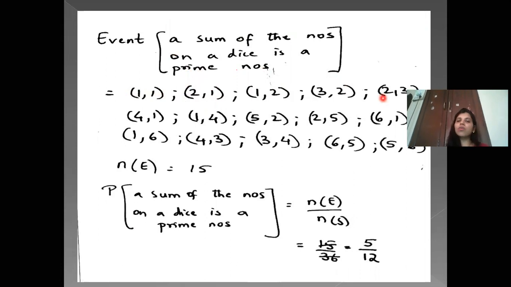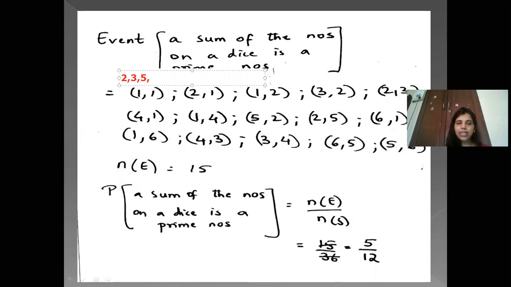So when you're listing, what you can do is list the prime numbers first: 2, 3, 5, till 12, because 6 plus 6 is 12. So children, I'll just tell you the trick. What you do is list down the additions of the numbers on the faces. You know that we can get 2, then we can get 3, we can get 4. 4 is not a prime number, so we'll not list that.